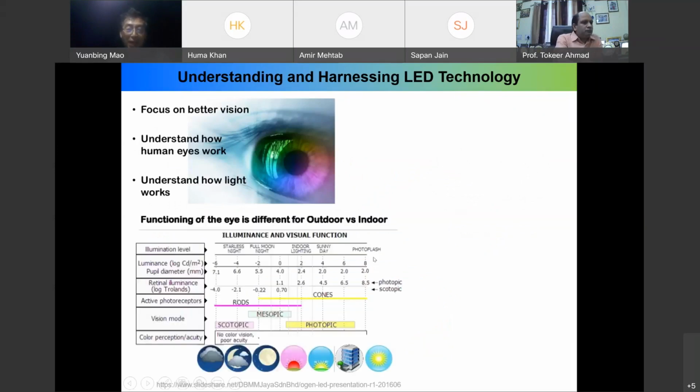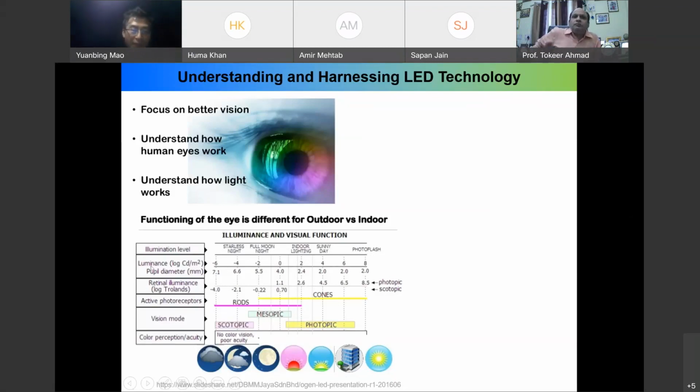If we look into this, the functioning of the eye is different outdoors versus indoors, and also depends on whether it's nighttime or daytime. You see here, this is starlight, which means it's pretty dark. Full moon light, then indoor lighting, then sunny days, photo flash.